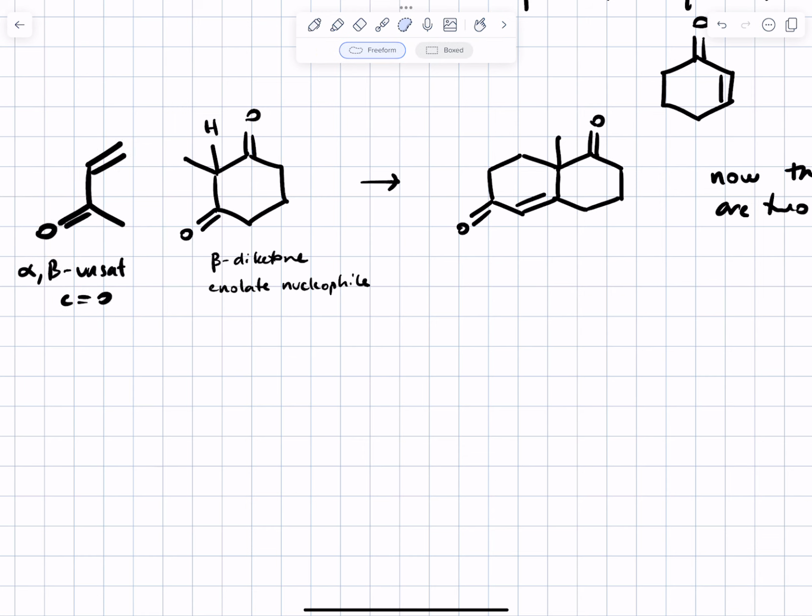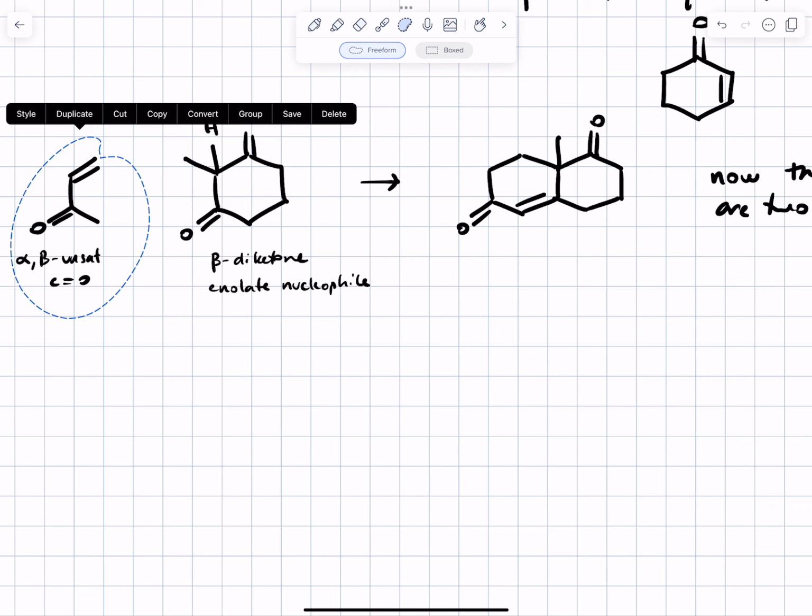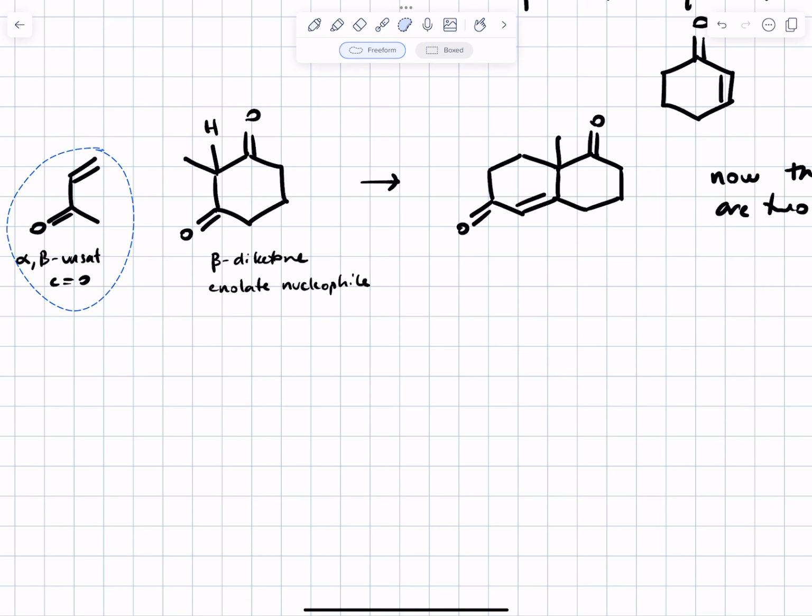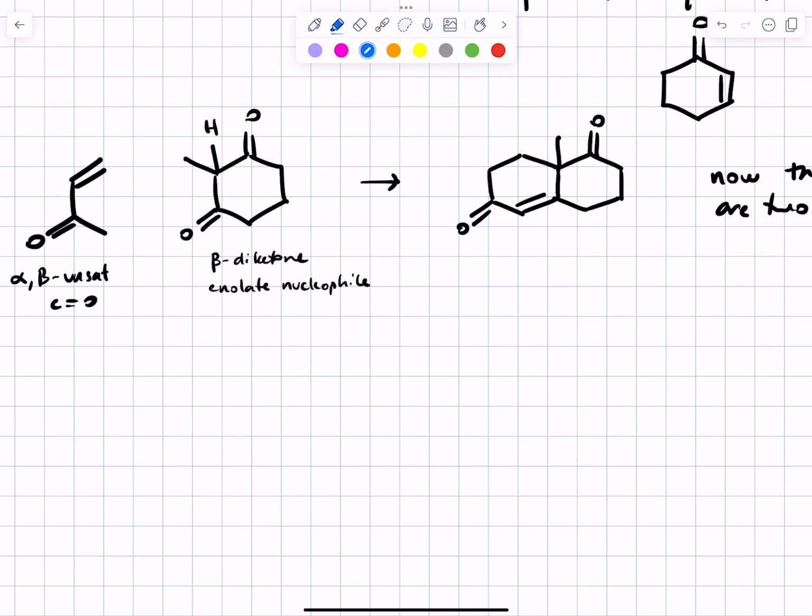So how do we do this? Actually, it's good to know where you need to end up, and it's also good in a Robinson annulation type of reaction to have a good sense for what portions of the starting material end up in what portions of the product. So these carbons in blue are here in the starting material, in the product.